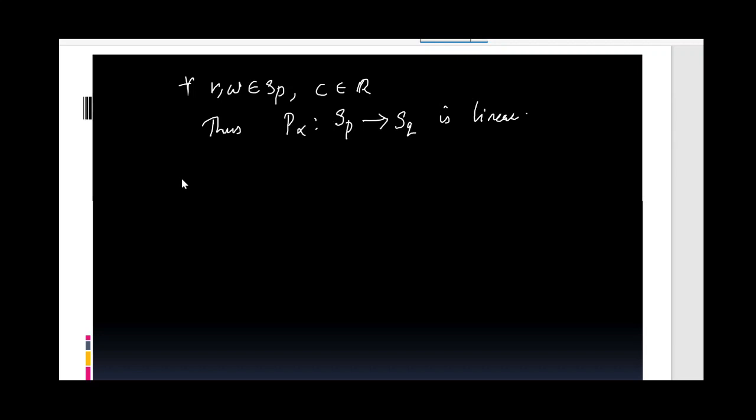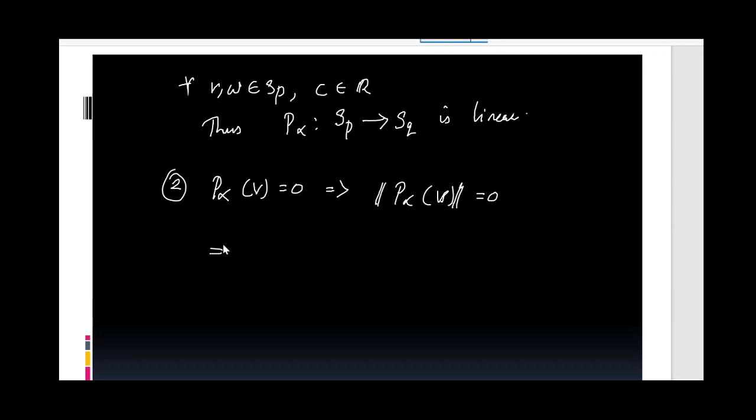Secondly, we want to show that P alpha is 1 to 1 and onto. So suppose P alpha of V equal to 0.